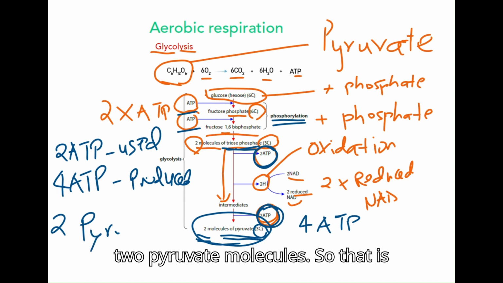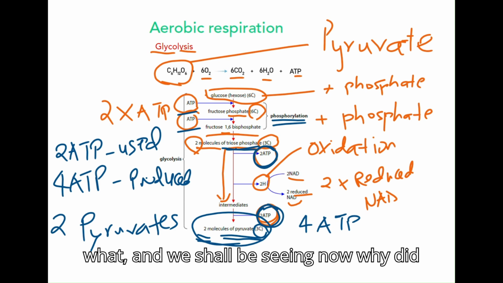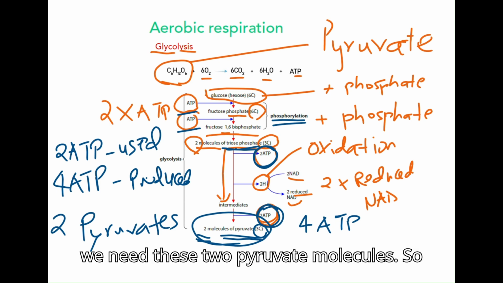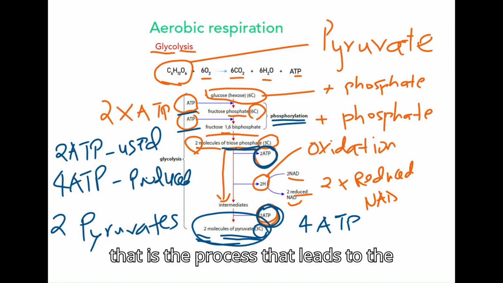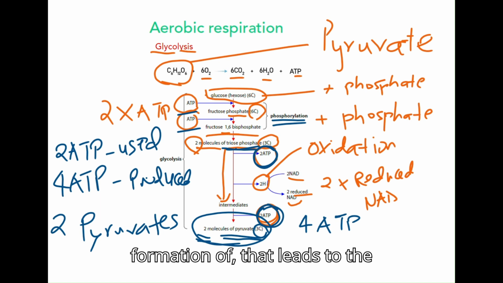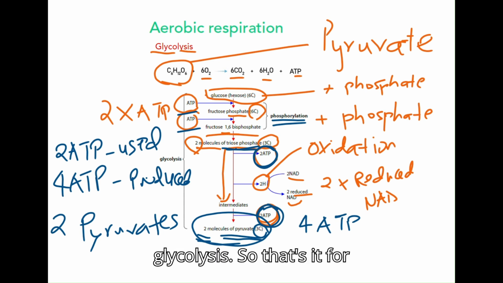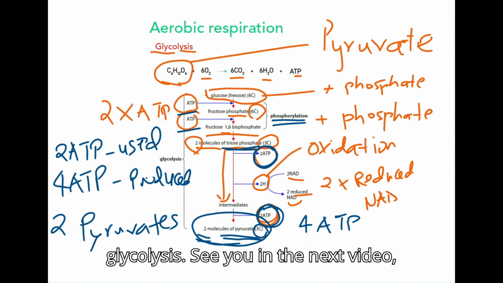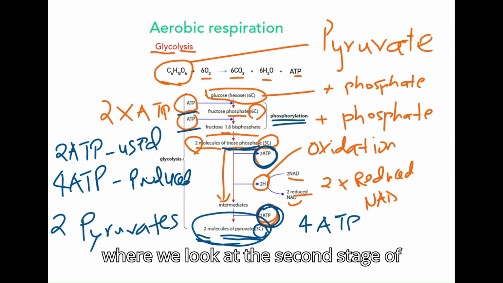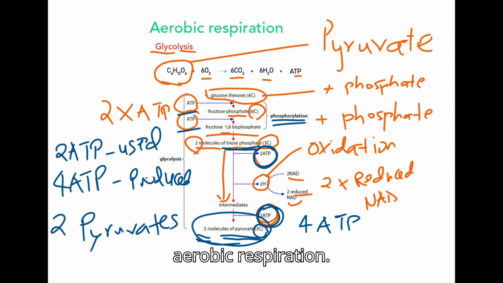We shall be seeing why we needed these two pyruvate molecules. So that is the process that leads to the breakdown of glucose molecules, and the process is called glycolysis. So that's it for glycolysis. See you in the next video where we look at the second stage of aerobic respiration.